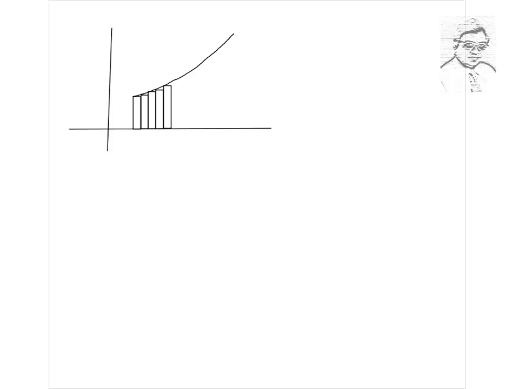Imagine that this width B minus A is cut, or rather divided into n parts. Part 1, part 2, part 3, part 4, part 5. And then you say that you will make n approach infinity. So all those small gaps which are left here will go if you make n massive.